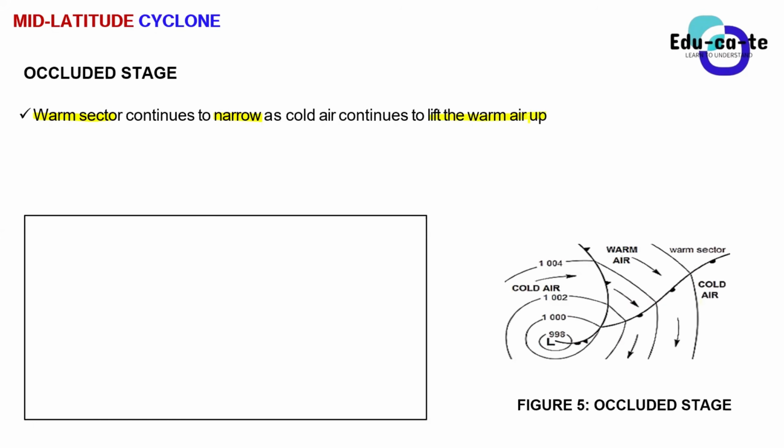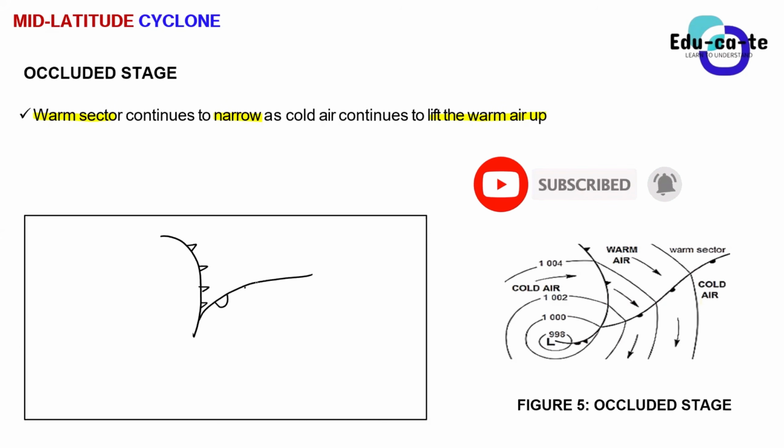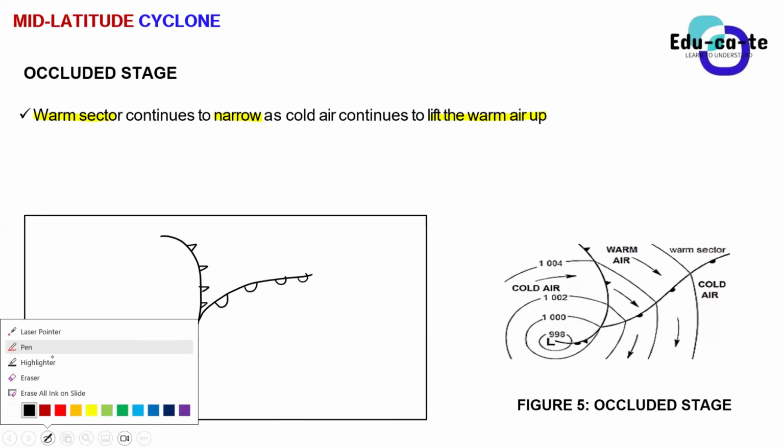If you can see in this diagram, I am going to draw a small diagram of my own illustration. The cold front has now moved and moved, and it will start mixing with this warm front, in this way. When they are meeting, you can see that the warm front and the cold front are now mixing with one another.